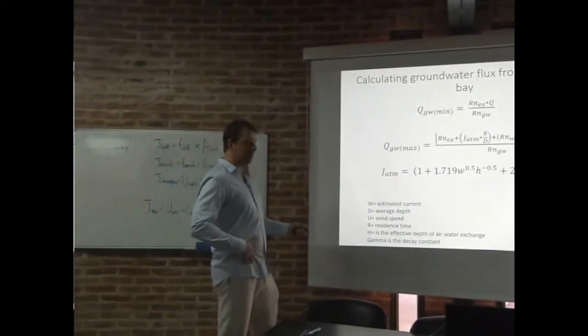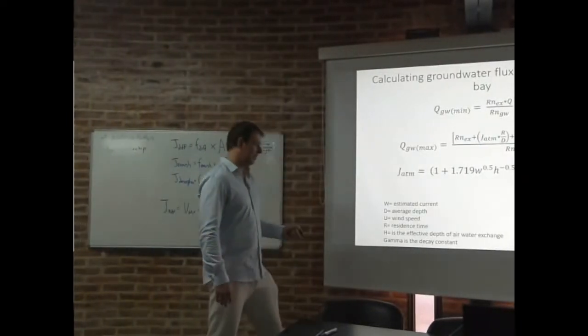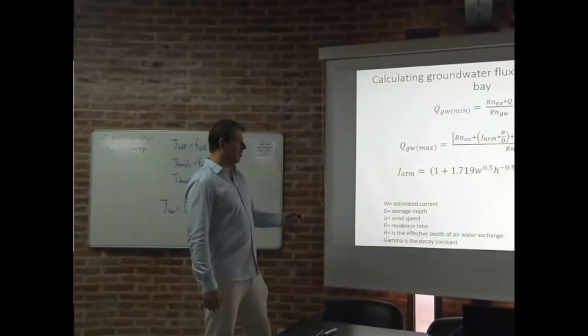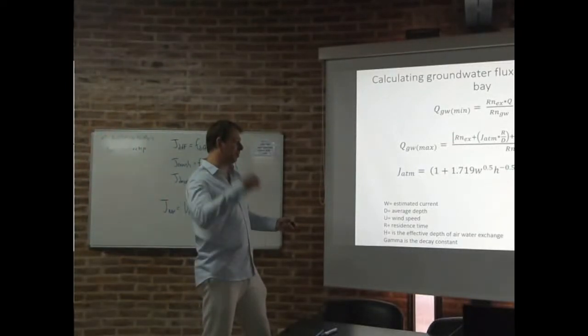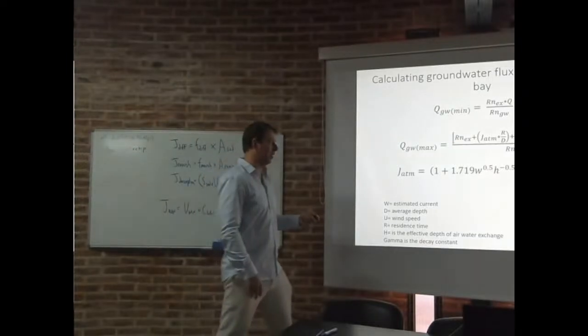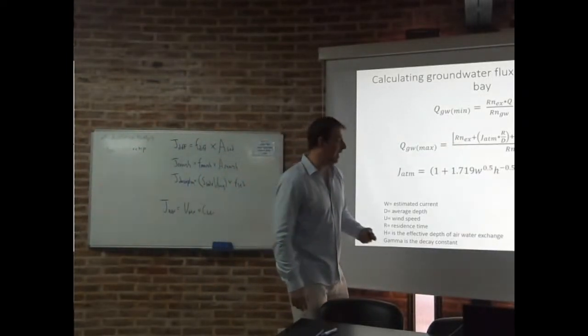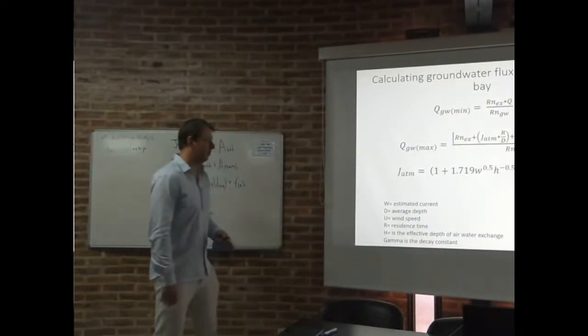So you need your estimated current. You need your average depth of the water. You need your wind speed. You need your residence time of the water in your bay. And you need to know the effective depth, which is essentially the same as your depth in a shallow water system.